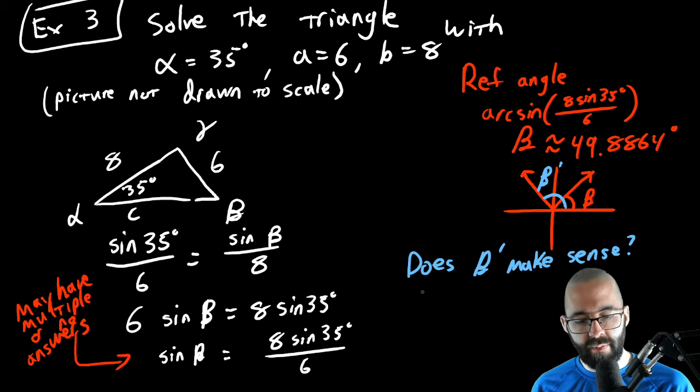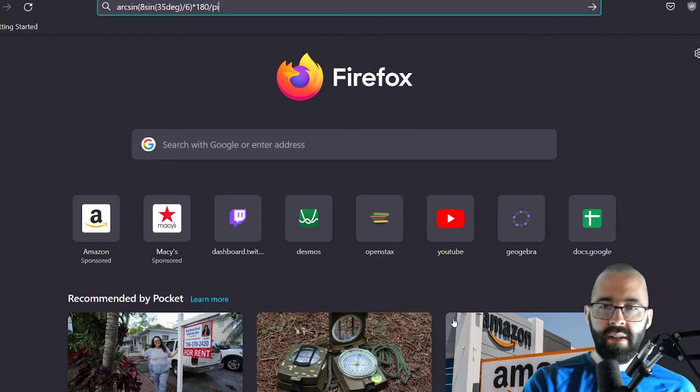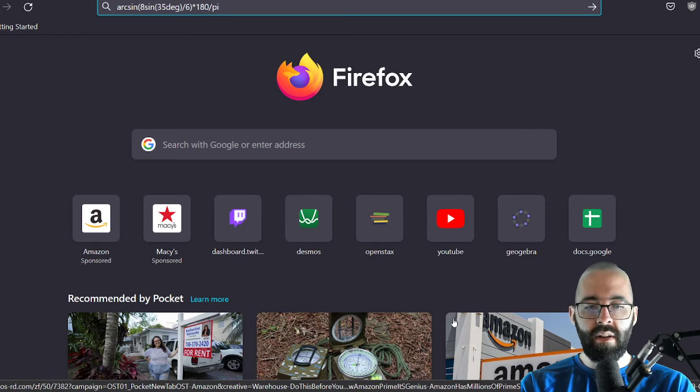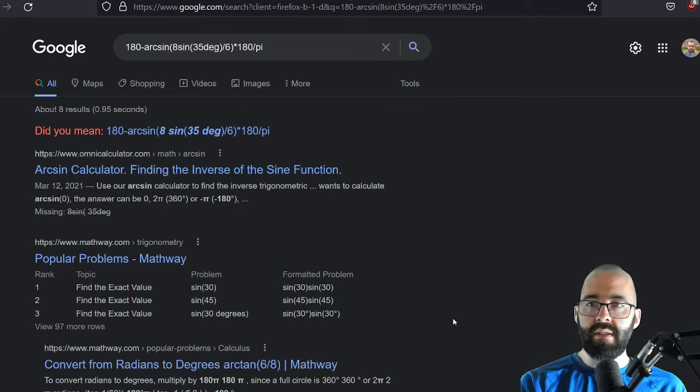What is beta prime? It's going to be 180 degrees minus that reference angle, which is about 49.8864. So beta prime, if it exists, would be approximately 180 degrees minus this angle.